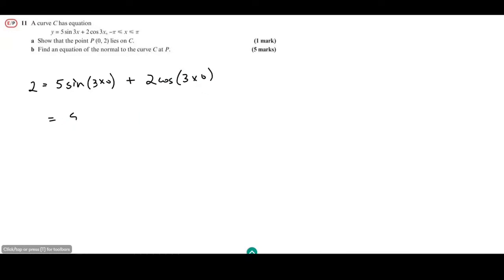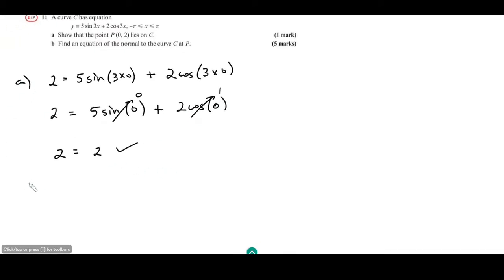We know that sine of 0 is 0 and cos of 0 is 1. So the left-hand side, 2, is equal to 2 times 1, which is 2. And that matches up. So that was A.